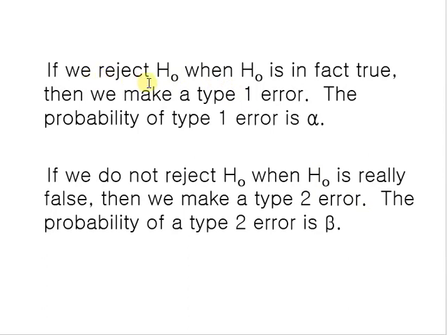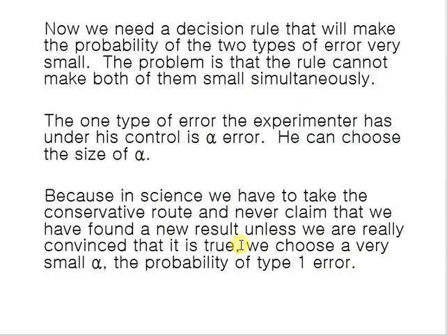If we reject H null when H null is in fact true, then we make a type 1 error. The probability of a type 1 error is alpha. Now we need a decision rule that will make the probability of the two types of error very small.